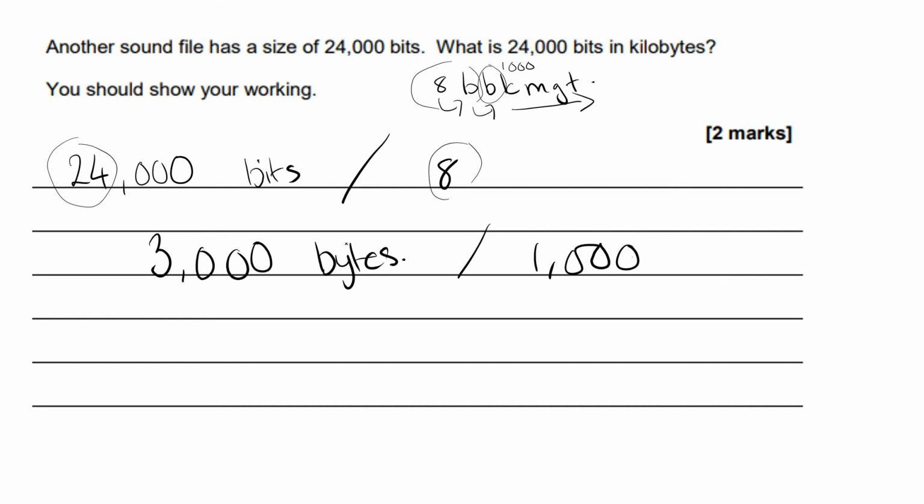So again, fairly simple maths, because 3 divided by 1 is 3. So it's just 3 kilobytes. So the answer is 3 kilobytes. And I've shown my working as well. So I'm going to get my 2 marks for that question.